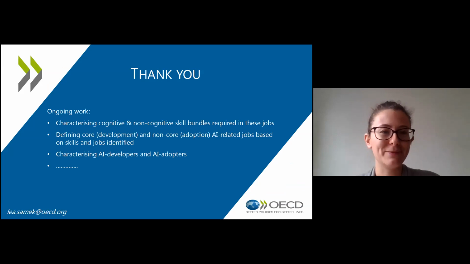So this was really a very, very quick overview of the kind of work that our team has been doing so far. You can see here a list of some of the ongoing work. So, the to-do list is still very long. We still have plenty of more ideas that we want to incorporate using the BGT data set. But now I'm happy to start the discussion and happy to answer any questions and welcome any comments you might have. Thank you.